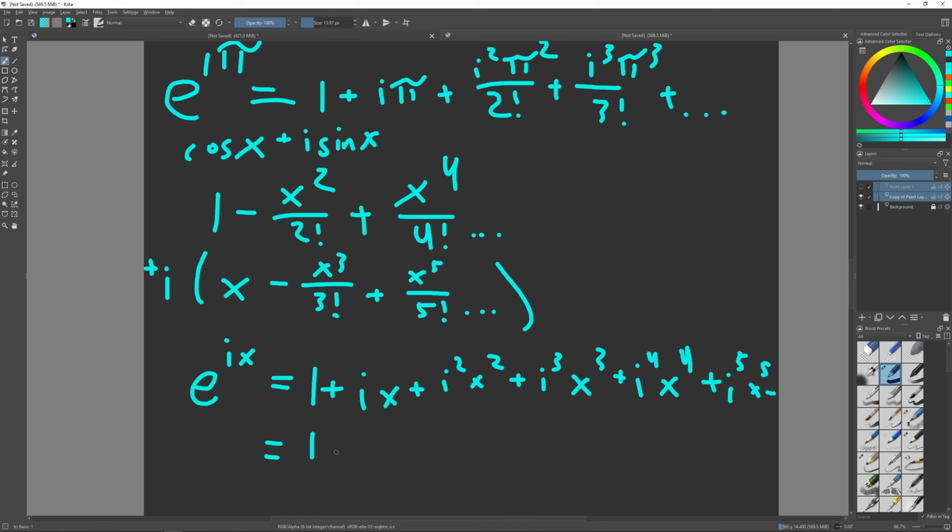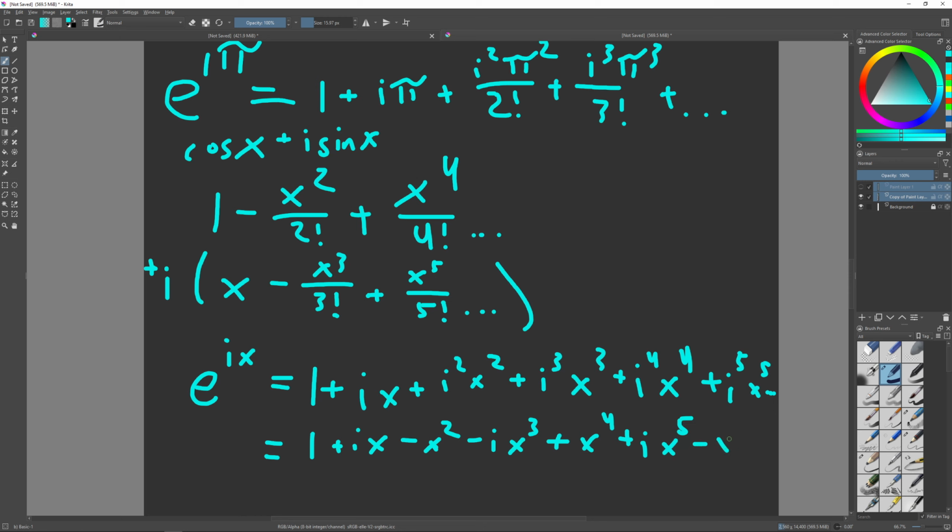So it'll be 1 plus ix minus x squared minus ix cubed. I to the 4th will be plus 1, so it'll be plus x to the 4th, plus I x to the 5th. So it's switching every 2 times.